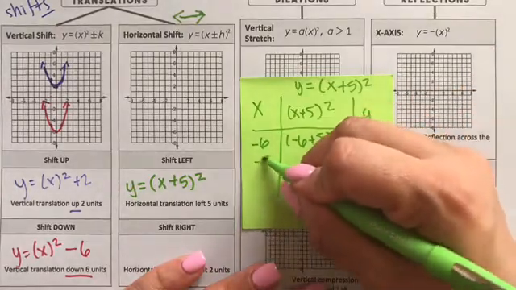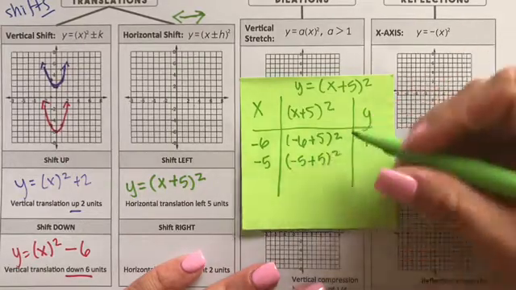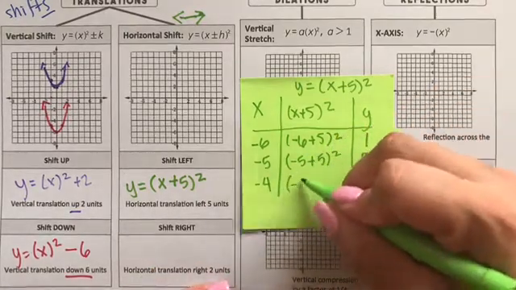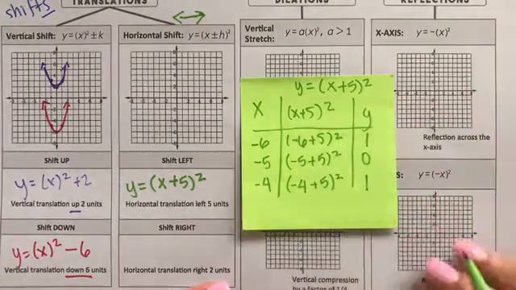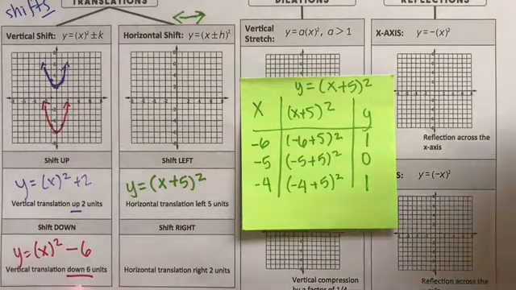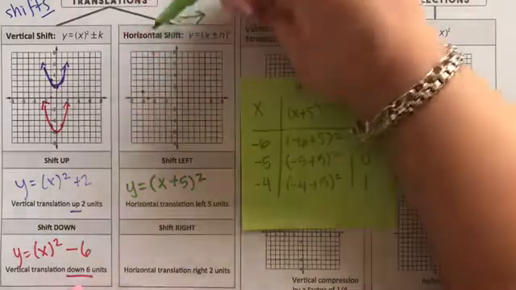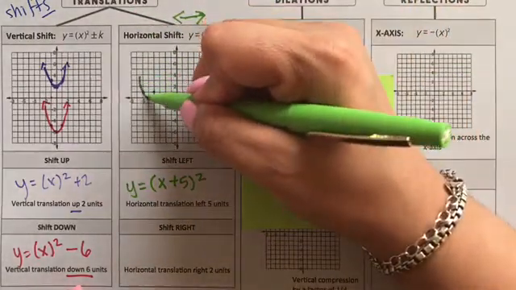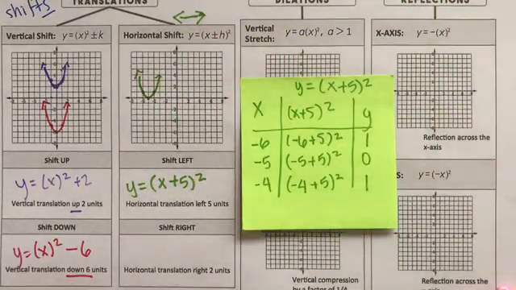And then let's pick negative 5. Negative 5 plus 5, squared, the answer is 0. And then negative 4 plus 5, squared, and get a 1. So my points are going to be (-6, 1), (-5, 0), and (-4, 1). When I connect the dots, I get this graph. Remember, that's a curve.